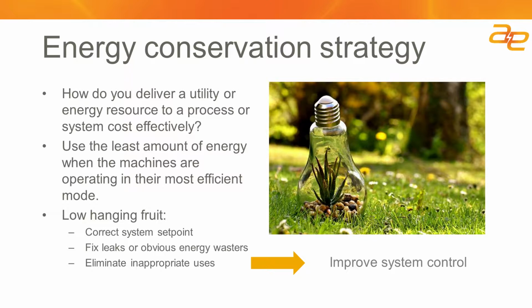So certainly doing those maintenance and fixing what I call low-hanging fruit when it comes to loss of energy. And then also looking at and eliminating what we call inappropriate uses.